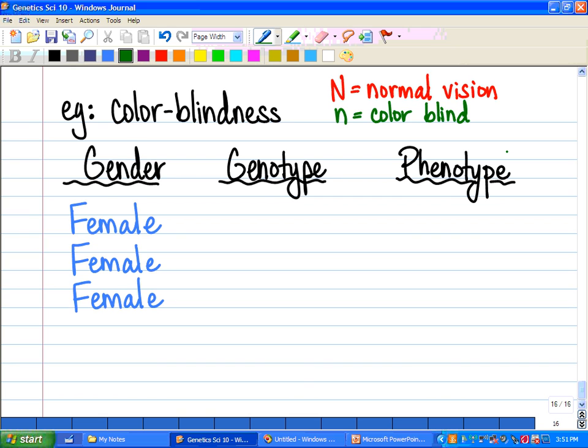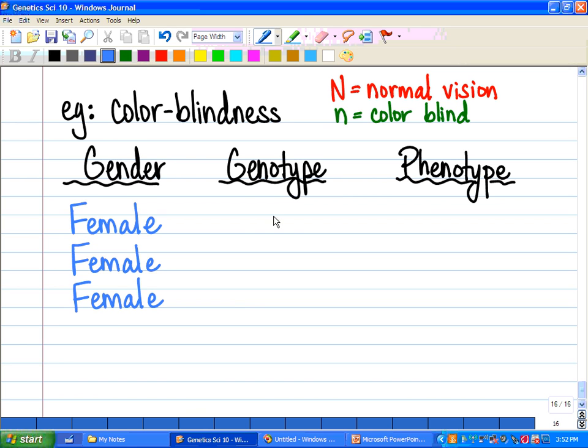And the normal vision, the capital N, dominates over the little n. So if we see an individual with a capital N and a lowercase n, then they've got normal vision. The only way that you can be colorblind is if you only have lowercase n's. So let's see what this looks like.